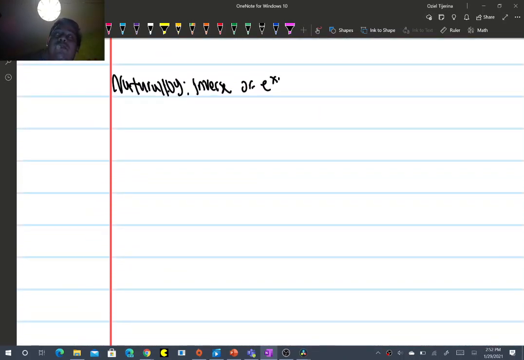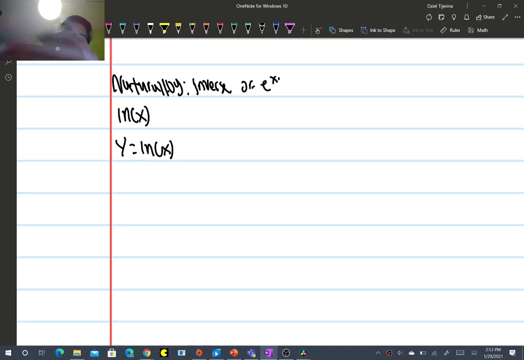Now, the inverse, or the natural log, works a little bit differently. Ln of x is a little different than log. It just means that you are taking the inverse of e to the x, and basically y equals ln of x. Yeah, so they're basically inverses. I forgot the rule for inverse versus exponential.